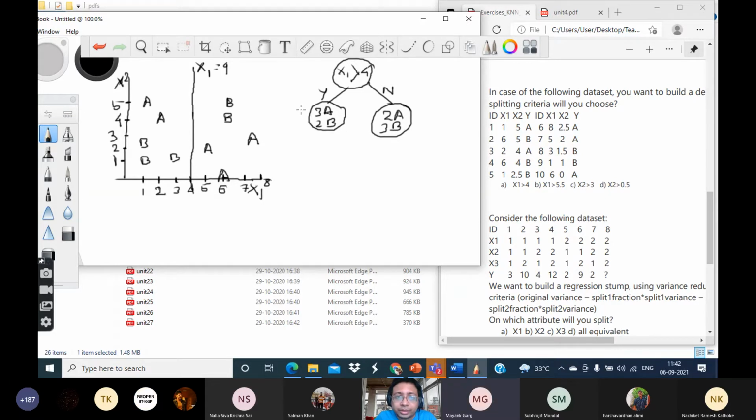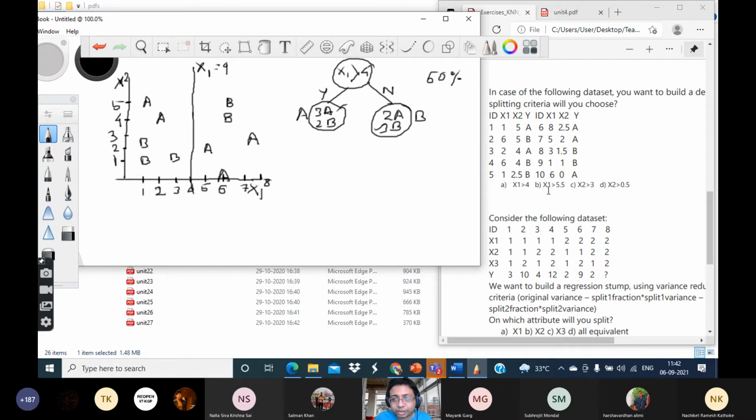A. If there are 3A and 2B, A is the modal label, and in this case, it's B. So if this is the decision tree I construct, what's the accuracy I will get on the training set? 60%. These three will be correctly classified, these three will be correctly classified, so I will get 60% accuracy. Okay. At this point I am not saying whether that is good or bad, because we have to evaluate other options also.